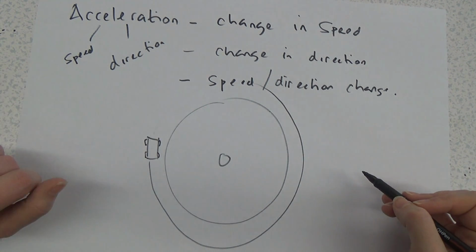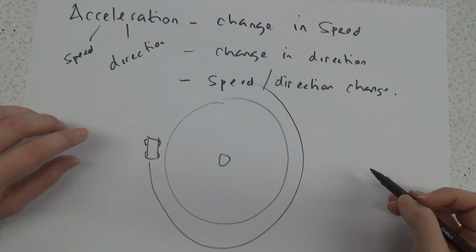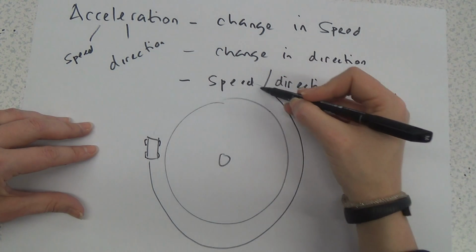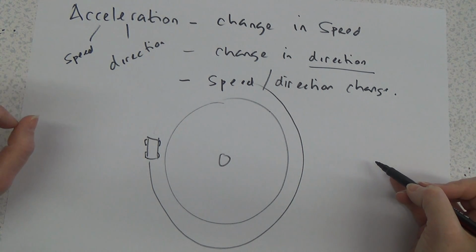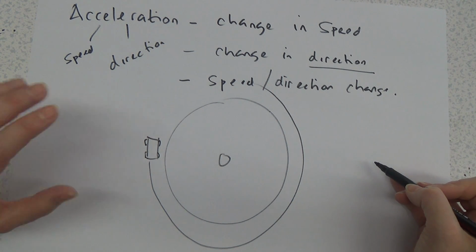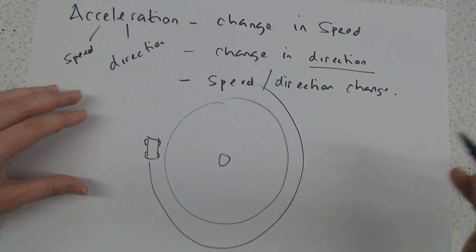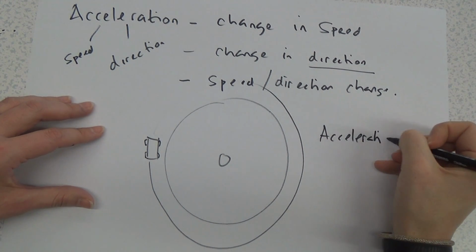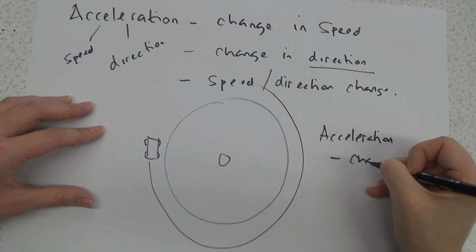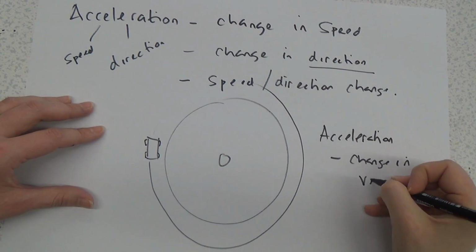it will also be accelerating. And the reason why it's accelerating is as it goes around the roundabout, its direction changes. So acceleration isn't just about changing speed, it's also about changing direction, okay? And the reason why that is the case is that acceleration is actually change in velocity.